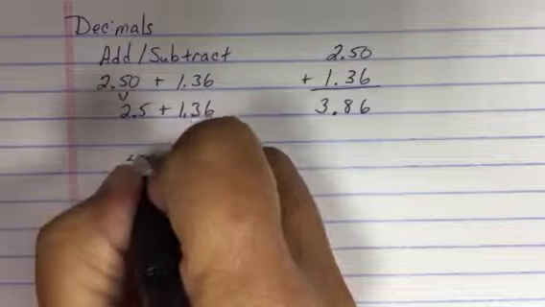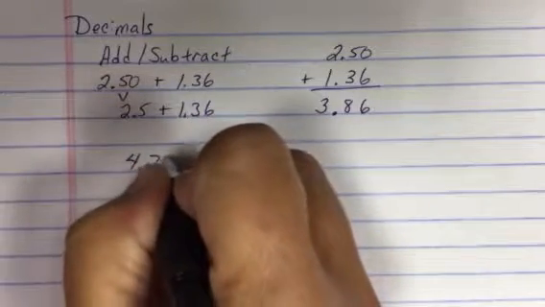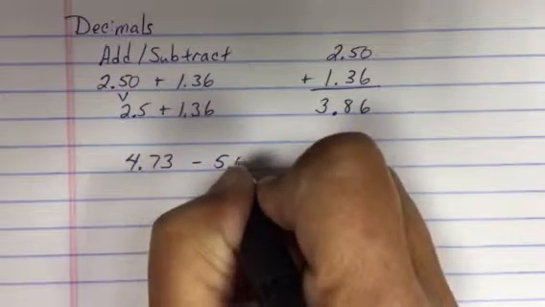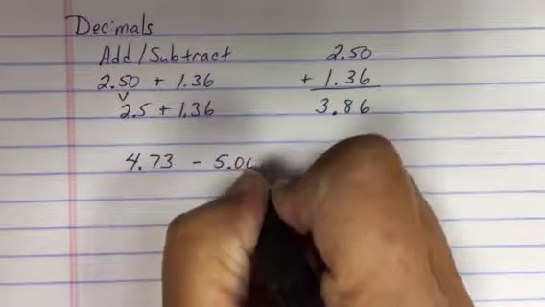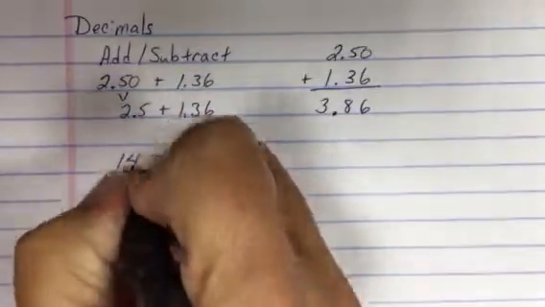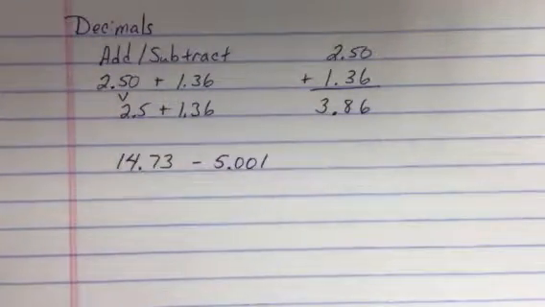If we were going to subtract, let's do that. 14.73 minus 5.001.